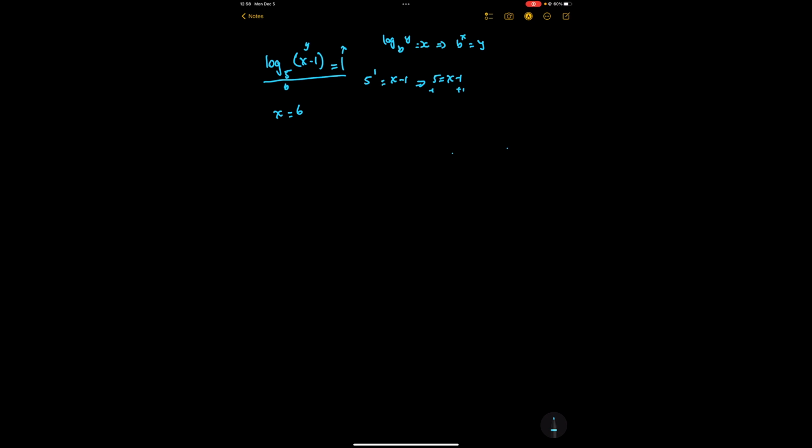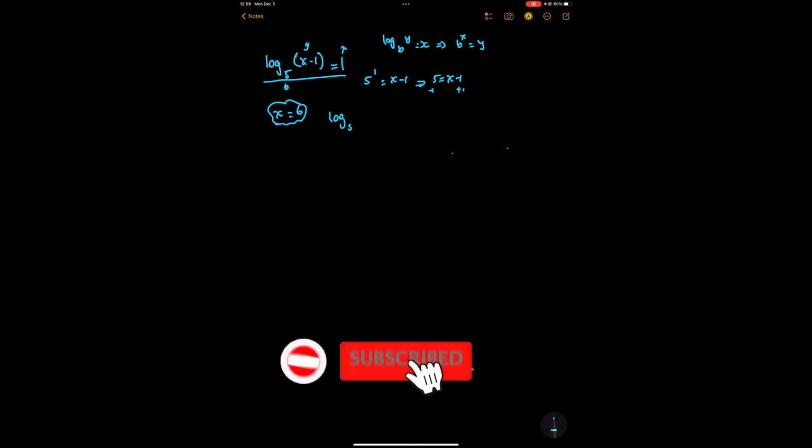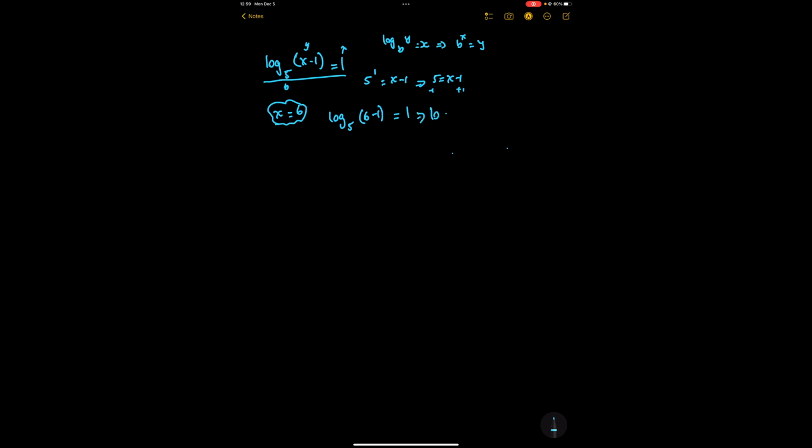Now, can we prove this? Yes. How do we prove it? Let's put 6 for x. So we have log base 5 of 6 minus 1 equals 1, so that would be log base 5 of 5 equals 1.